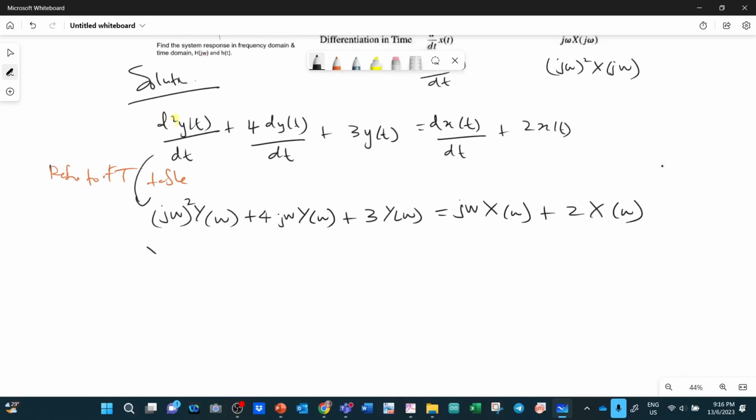So you just group it together: Y(ω) times ((jω) squared plus 4jω plus 3) equivalent to X(ω) times (jω plus 2).